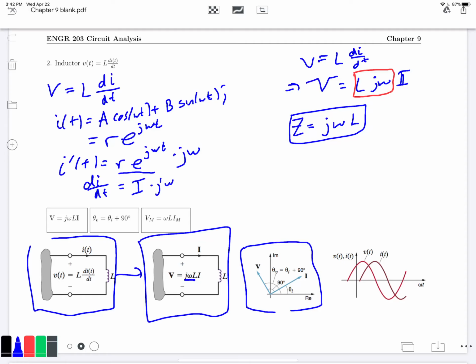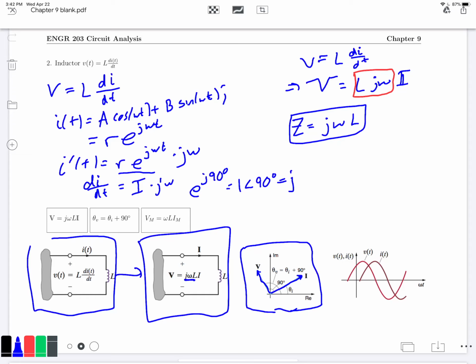And the reason why is, this is something that you can go ahead and check, e to the j 90 degrees, or in other words, one angle 90 degrees, is the same as j. So when you multiply by this number, we said you add the angles, so you add 90 degrees. And so that means in our graph here, whatever angle the current is currently at, the voltage is going to be 90 degrees higher angle than that.